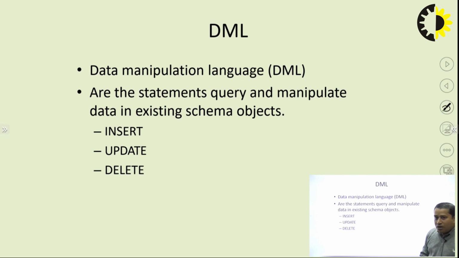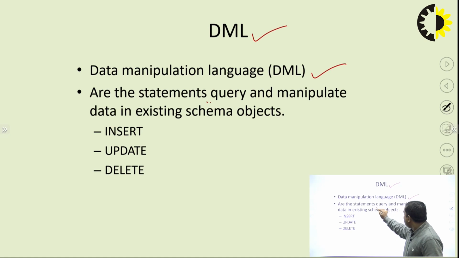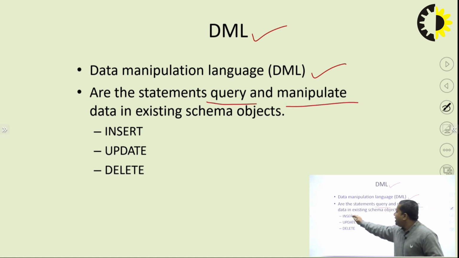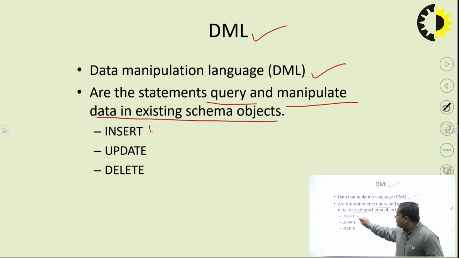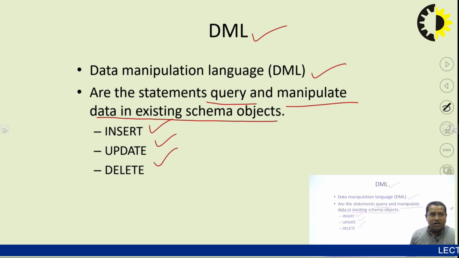Now moving on to the next, DML. DML stands for data manipulation language. It is the query language used for manipulating the data existing in a schema object. The operations defined within DML are the insert operation, update operation, and delete operation.